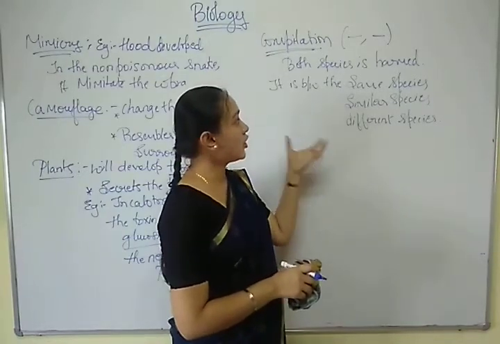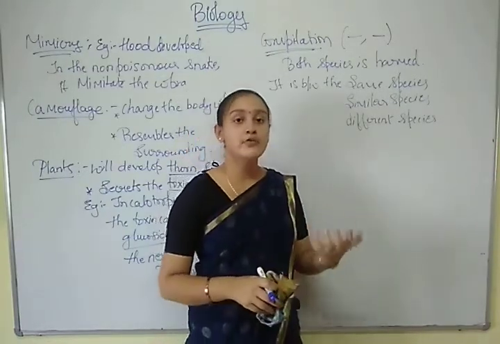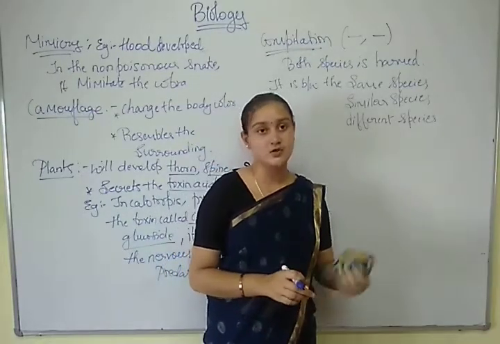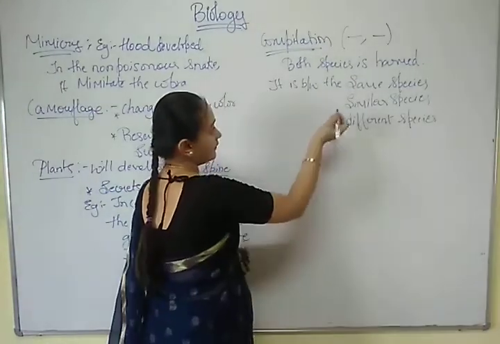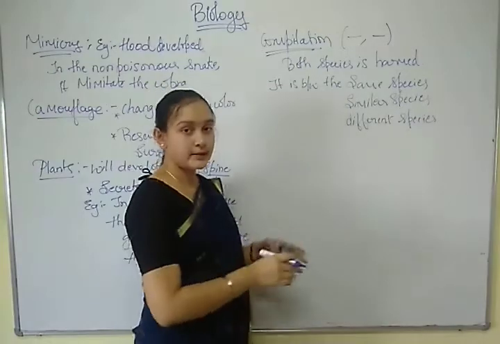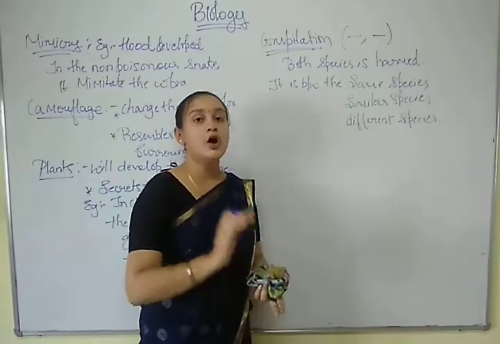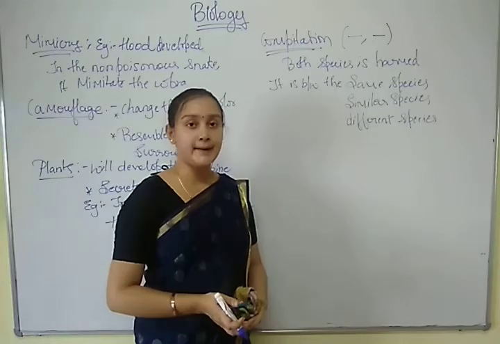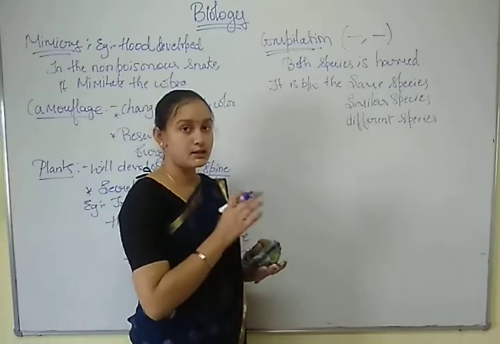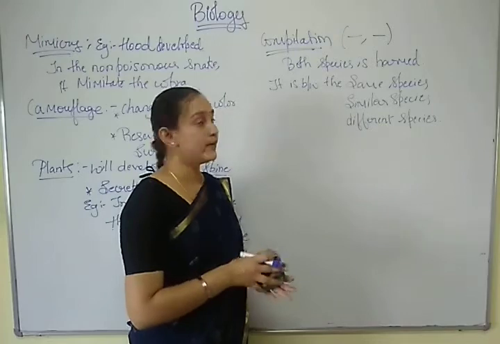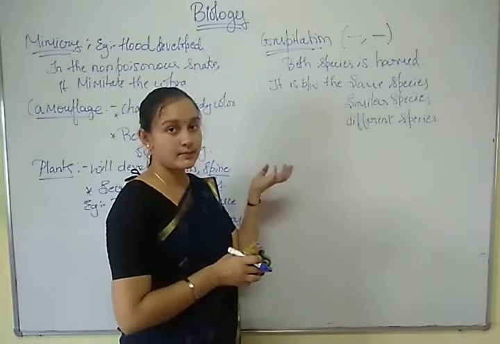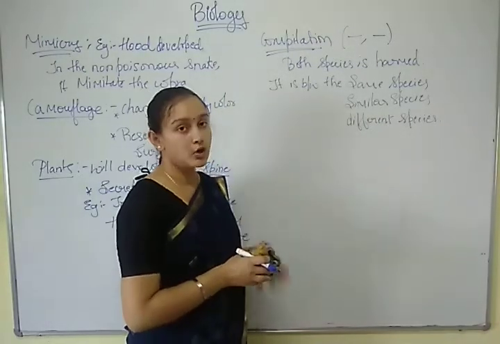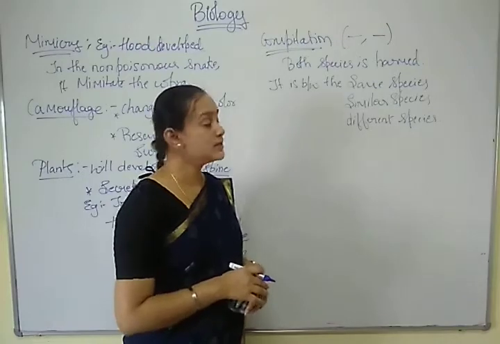Okay, so this competition will be for the food resources. If you come to the same species, it might be for the food resources, or for the habitat, or for the mating partner. So these are certain things where the species will consider it as a competition with the other species.